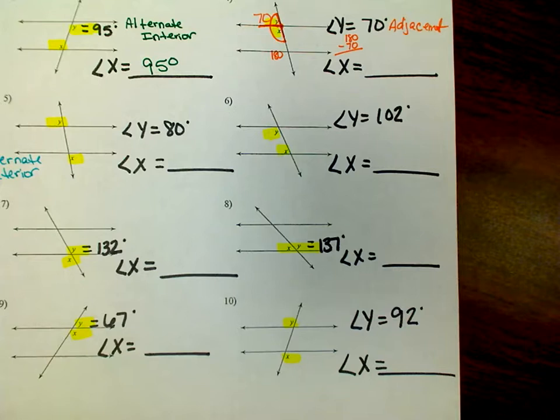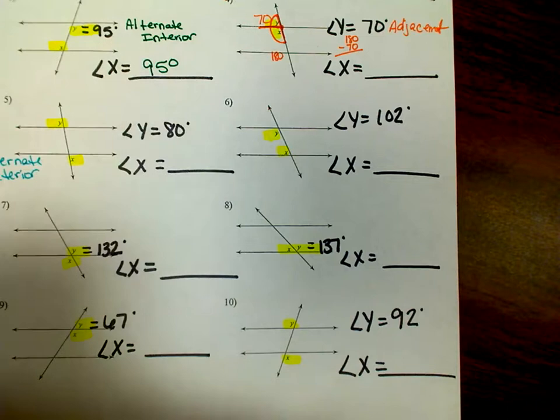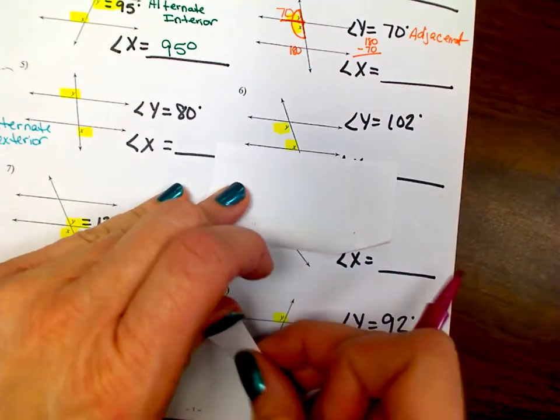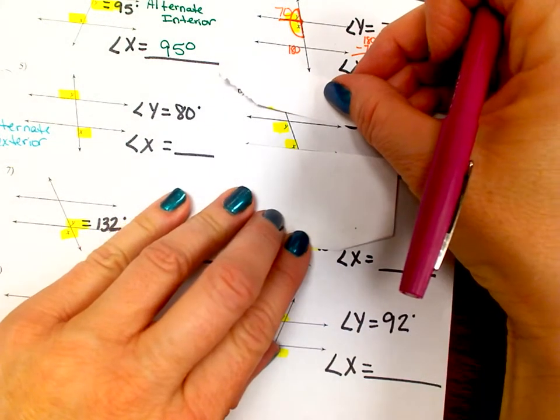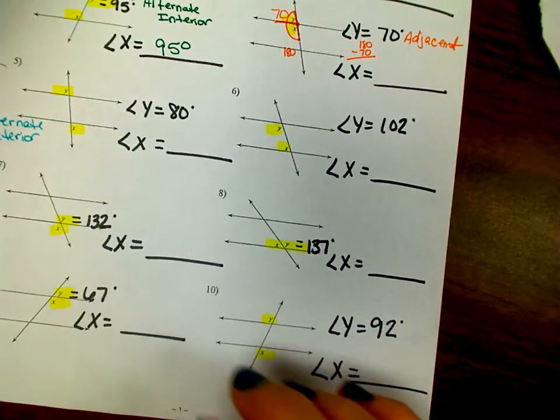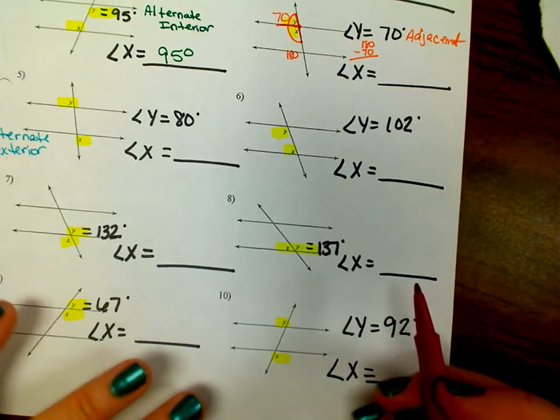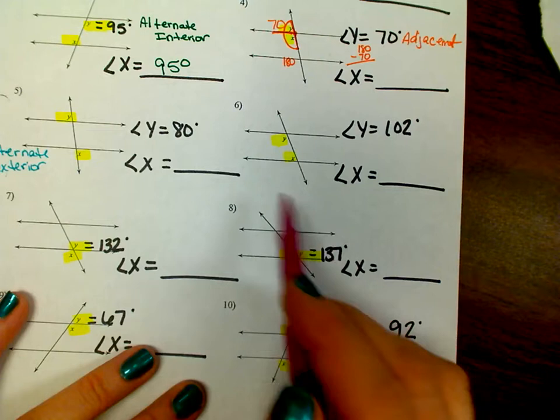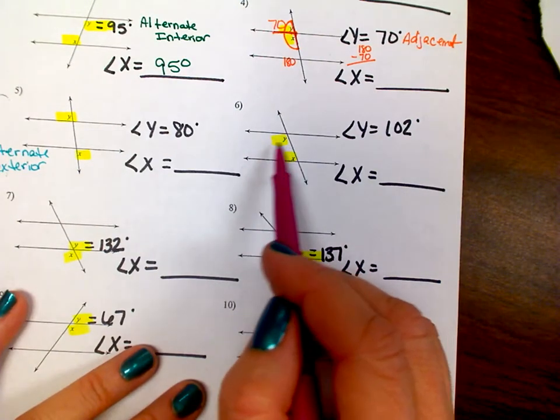Number 6. If I look at my highlighted areas, again, everything's happening on the inside of those parallel lines. So it's going to be interior, and they're both on the left-hand side.